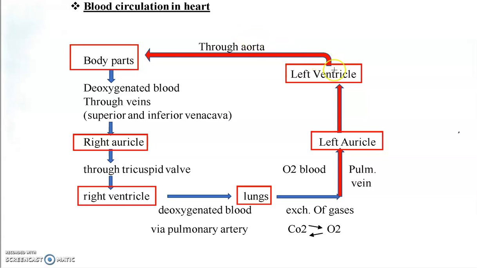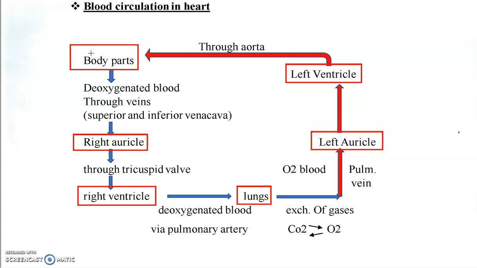So when the left ventricle contracts, it pushes the blood through the aorta, and this oxygenated blood reaches the different body parts. Once it reaches them, the cells of our different body parts start the process of respiration.